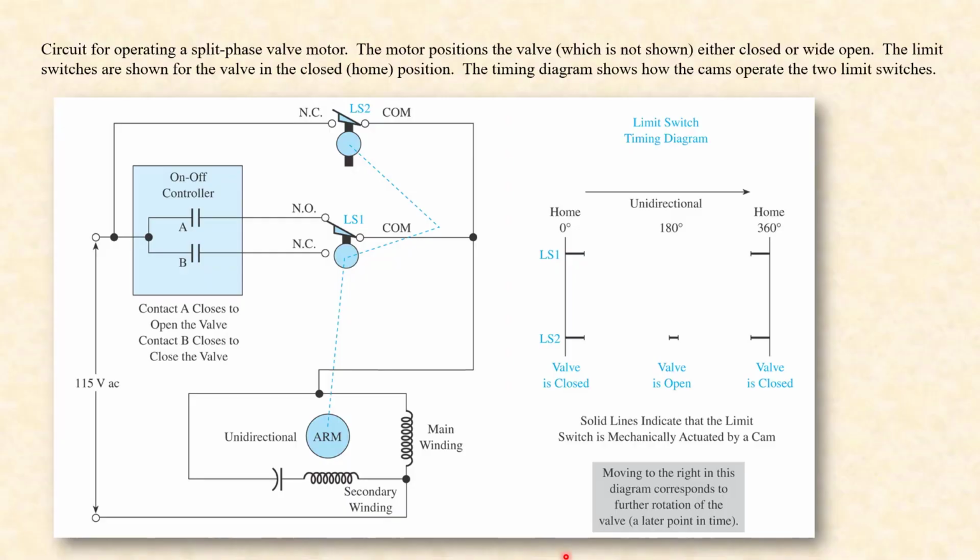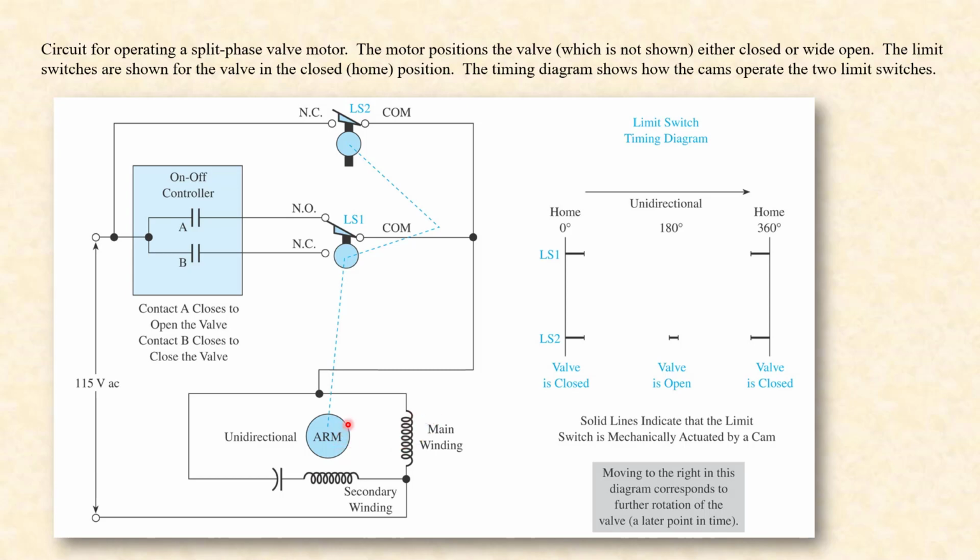Sometimes valves are too large to be opened with a solenoid. And here's a case where we've used a motor-driven valve. Usually the motor and a gearbox is used to open a valve. And I'll show you a picture of one on the next slide.